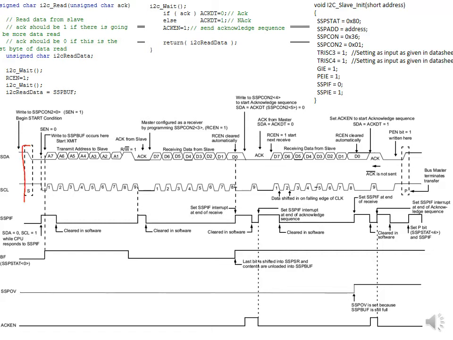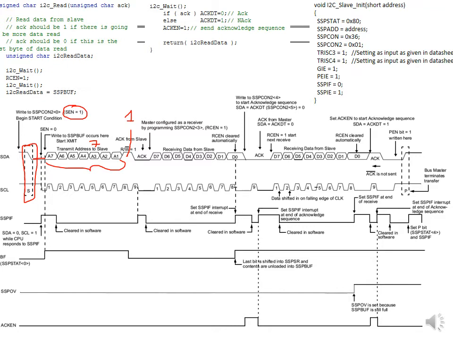The first is we generate a start bit, similar to before. We set SEN equal to 1, and then it will go low automatically in the software. Okay, and then we transmit the address to the slave. This is the 7-bit address, and the last bit will be 1, to tell the slave that we, the master, want to receive data.